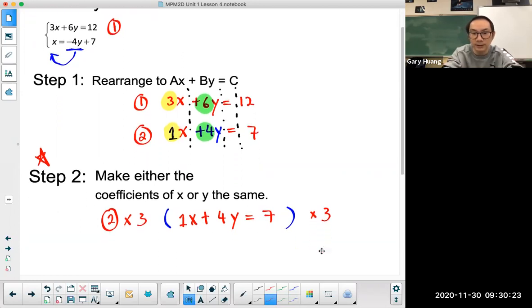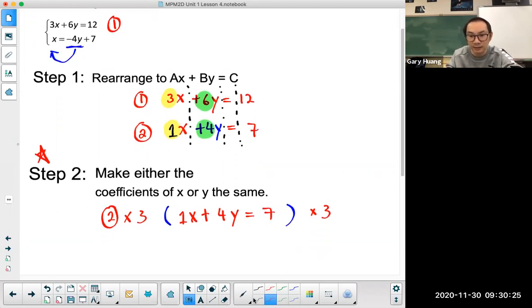So what you're going to get is 3x, but 4 times 3 is 12, so you get 12y. 3 times 7, you get 21. Every single term is being multiplied by 3.